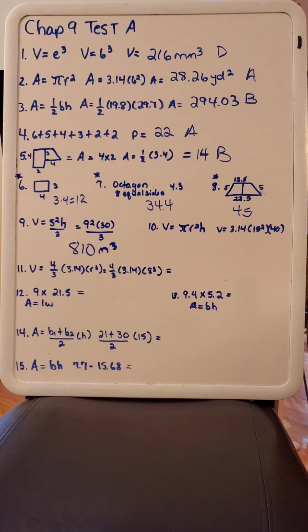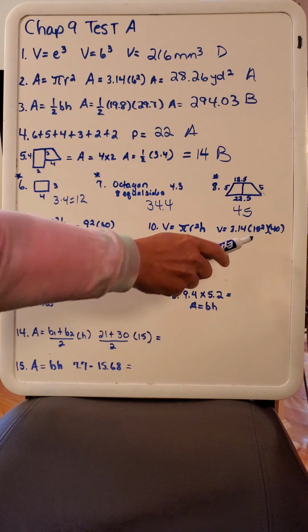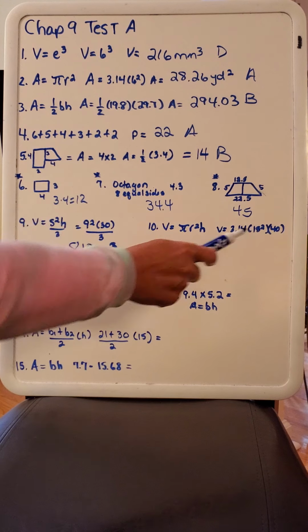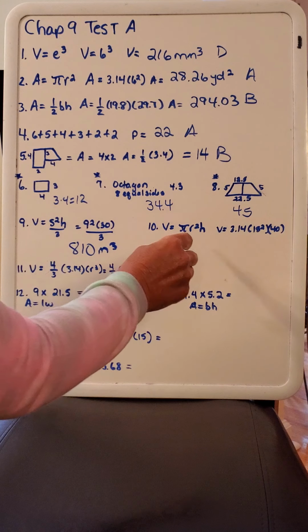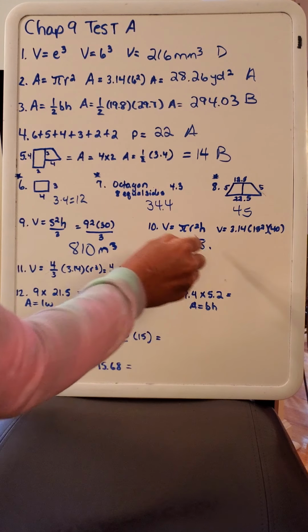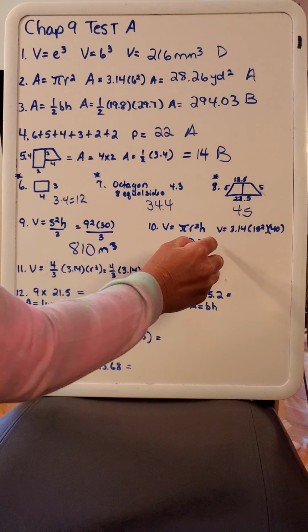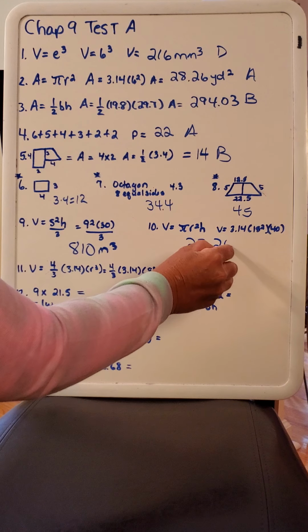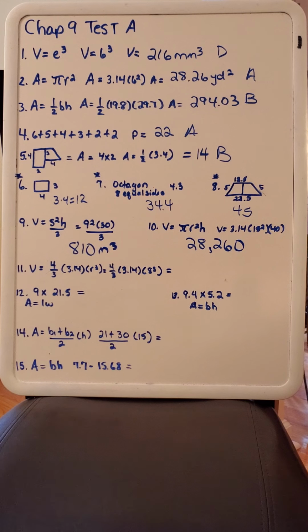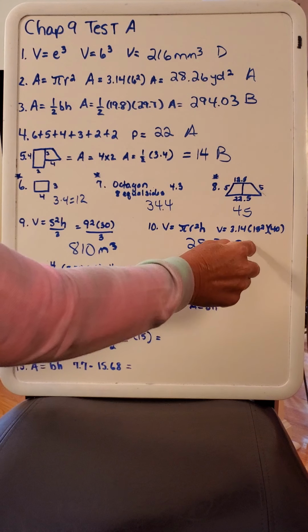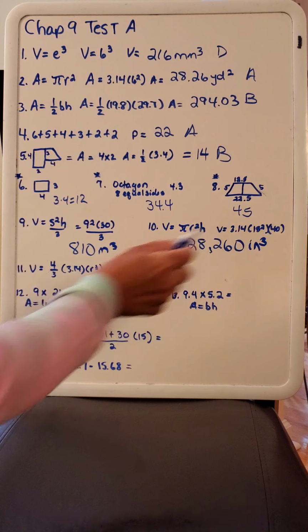Right. Number 10 asks us to find the volume of the cylinder. So this is the last lesson you just did. So we take pi times radius squared and multiply by 40, and we will get 28,260. And that will be inches cubed. All right.